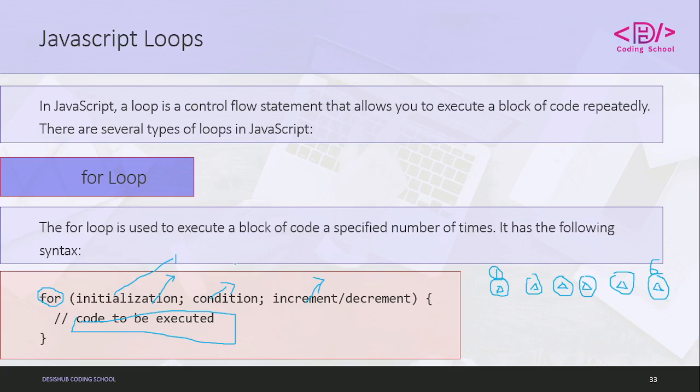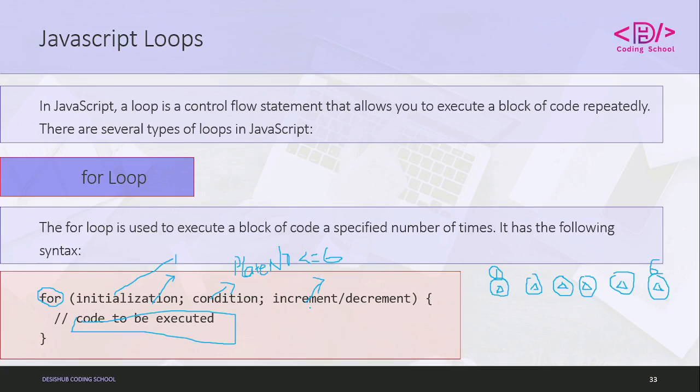So the condition would be: until the plate number is less than or equal to 6. In this case, that is the condition. You keep on placing the cakes on these plates until you reach the point where you have exhausted all the plates.